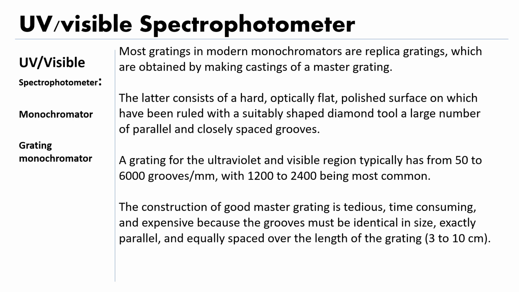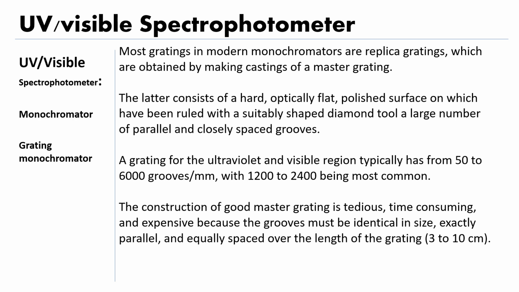In modern spectroscopy, most of the gratings are replica gratings. We can produce the replica from the original grating, called a master grating, because producing each grating individually is laborious, and we cannot draw the ridges and furrows at exactly the same distance.